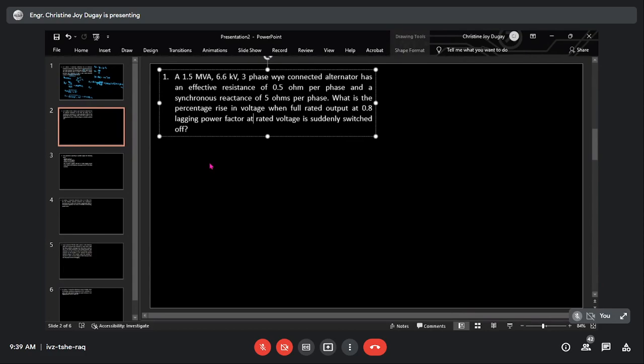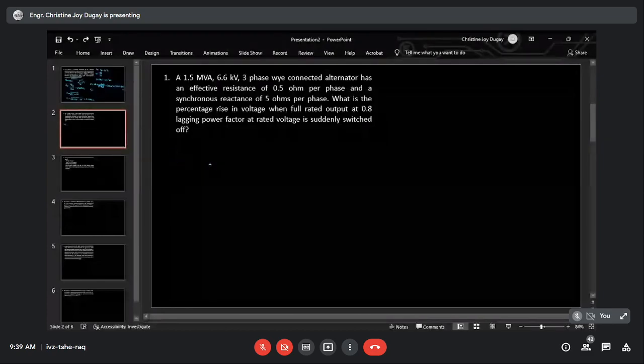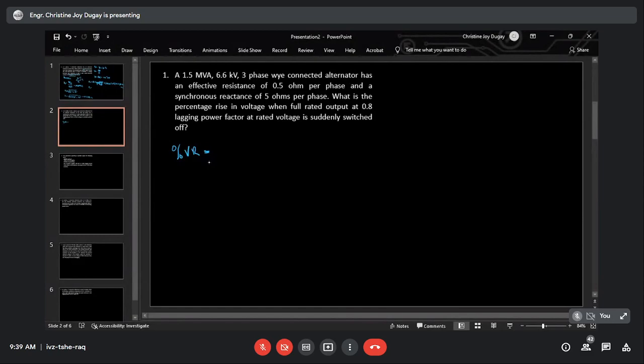V no load less V full load over V full load. Or, yung ginamit natin last meeting, which is ang VR po natin, that is equal to, ano po? Percent VR. Anong ginamit po natin na equation? E phase minus V phase all over V phase times 100 po.